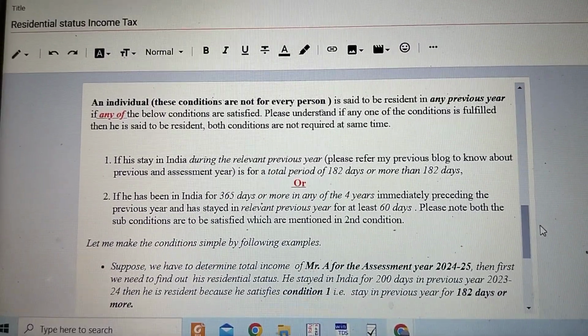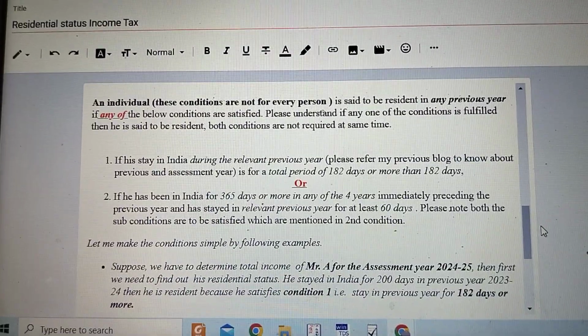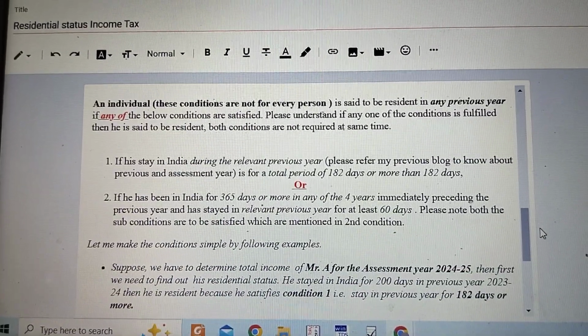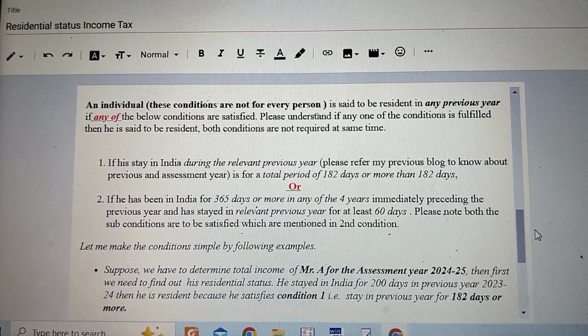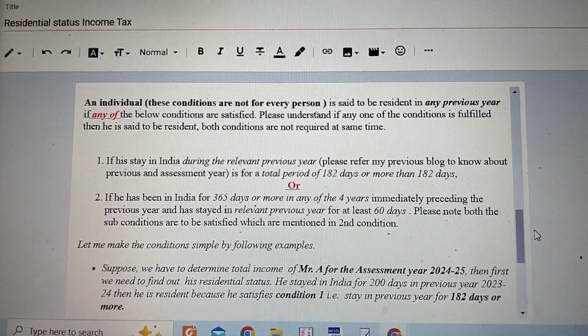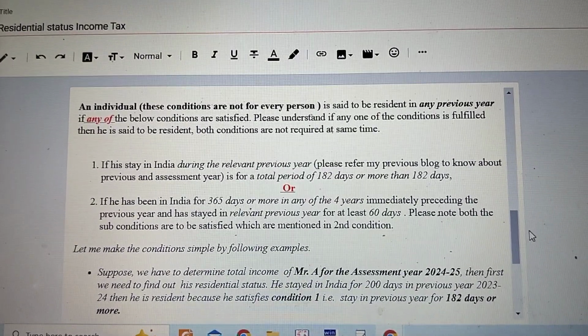Like for financial year 2023-24, and the financial year starts from April. If it is an existing business; for a new business it's different.